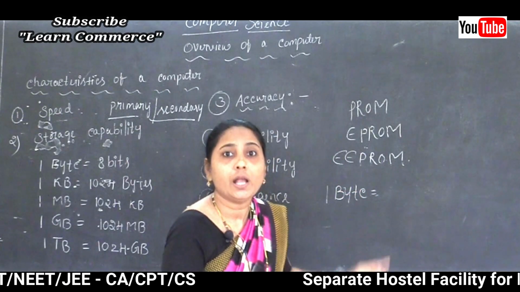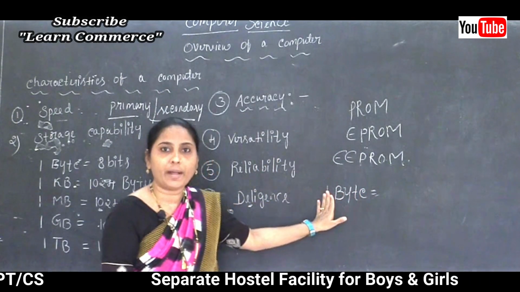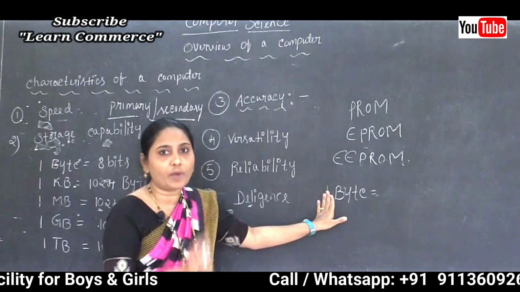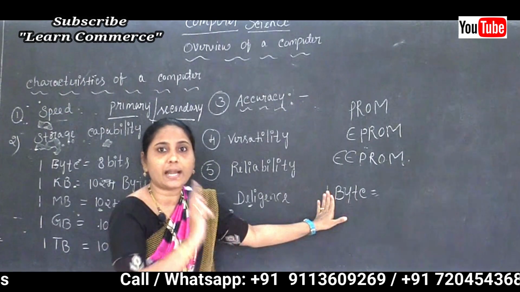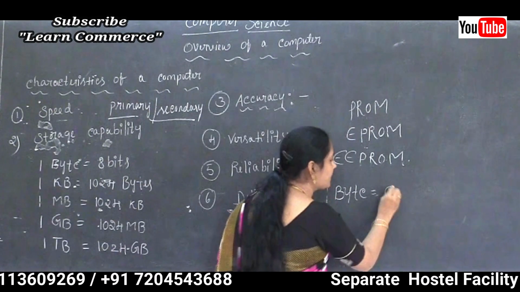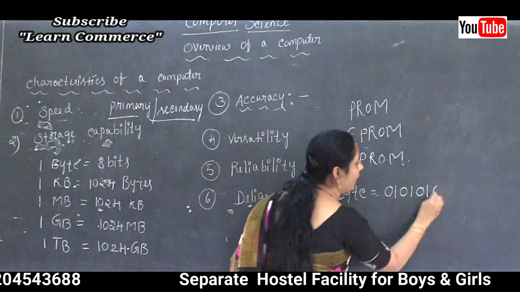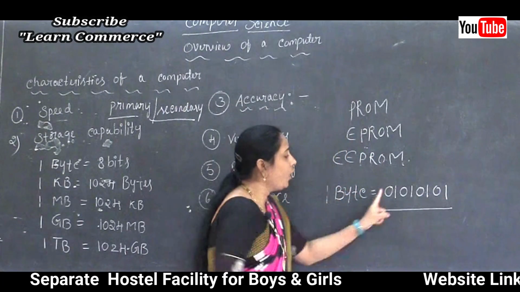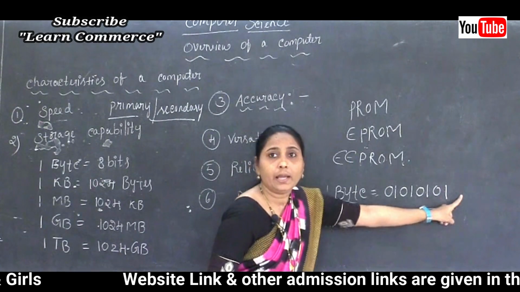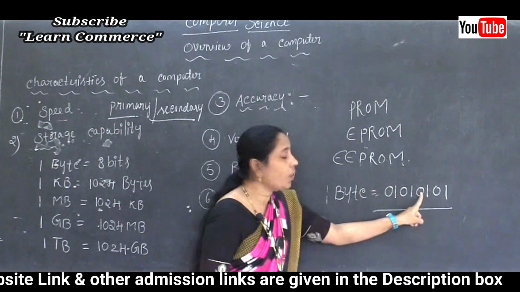We know the computer understands only these two values, 0 and 1. Counting the values 0, 1, 0, 1, 0, 1, 0, 1, totally 1, 2, 3, 4, 5, 6, 7, 8. So 1 byte is equal to 8 bits.